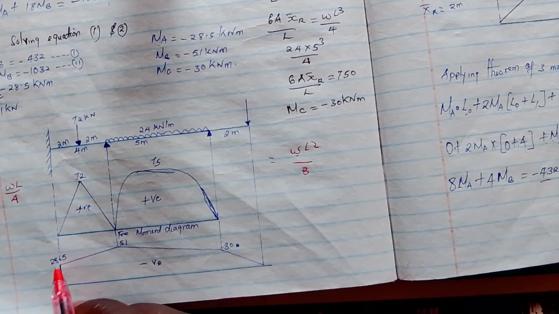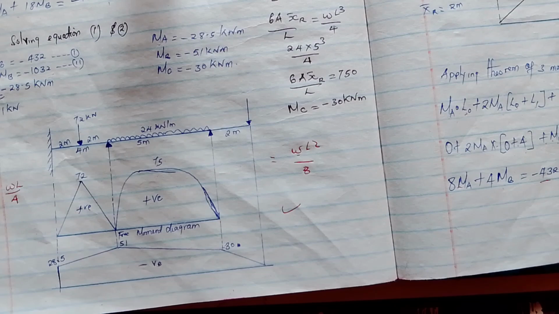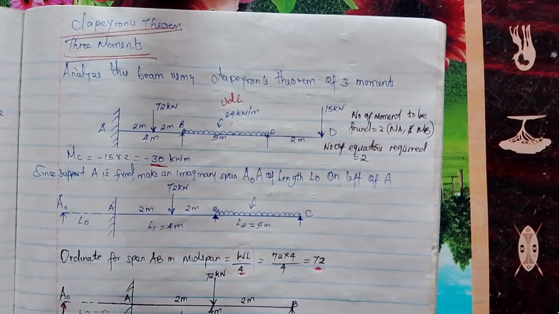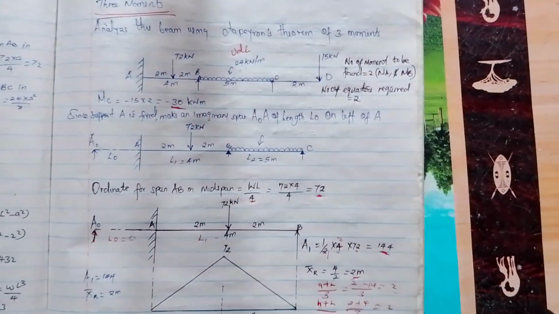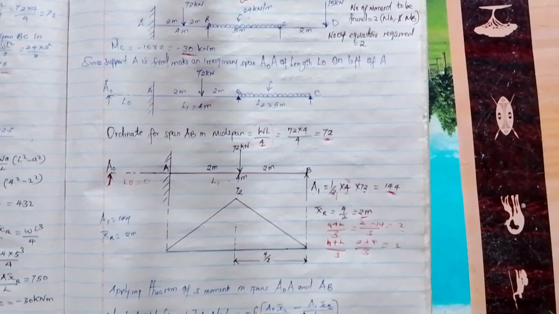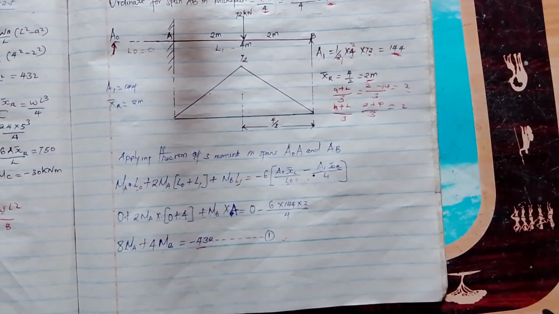This one is negative, so we go this way, and this is the working of the moment diagram. So we started here going downward. So this is the working. Then we come to this part.